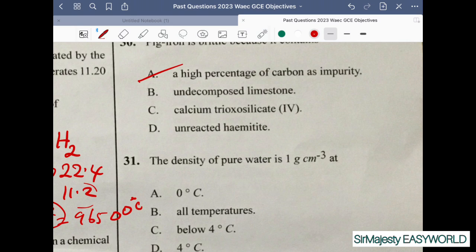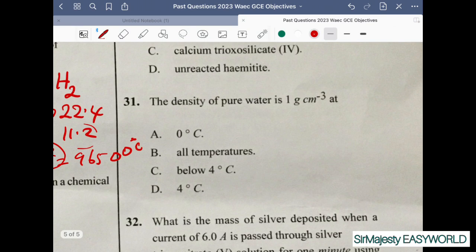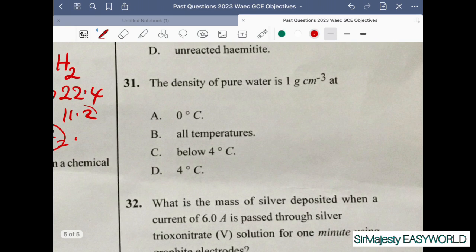Then number 31 says the density of pure water is 1 gram per cm cube at what temperature? This should be probably more physics than chemistry, but let me try. Okay. Yes, I've come across something like this. At 0 degrees, the density is 0.998, not exactly 1.